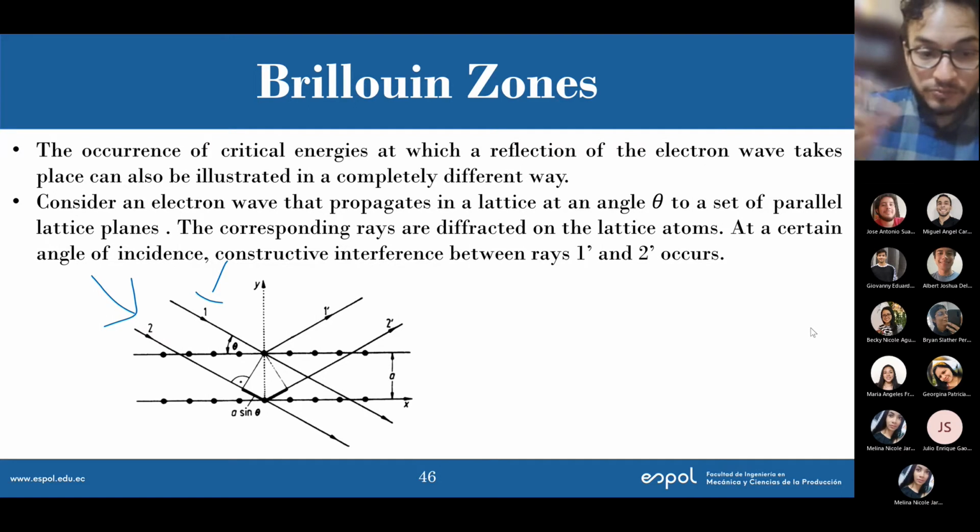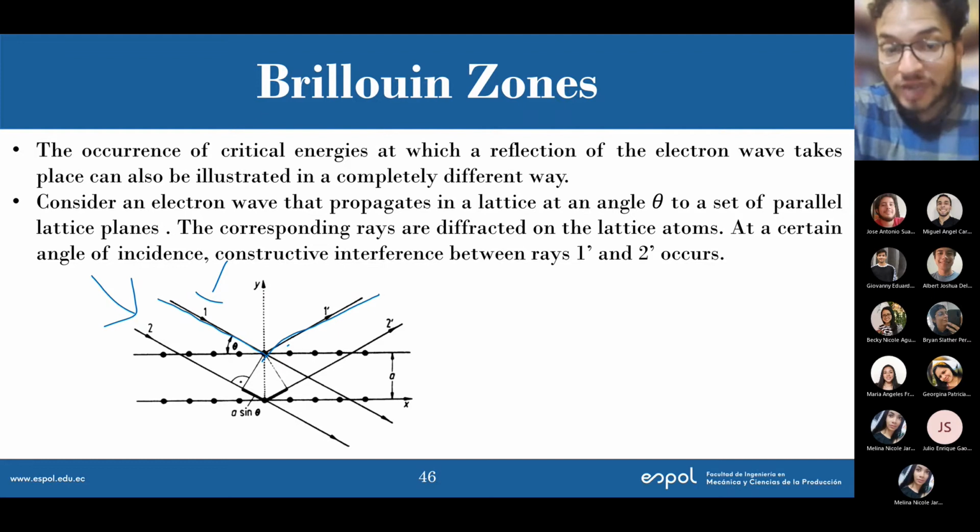Just think of this as a wave of an electron coming in, hits a lattice atom, boom, gets reflected. In this case it's an electron wave that's coming into the lattice. It hits a lattice atom and it gets reflected. And that's basically Bragg's law.